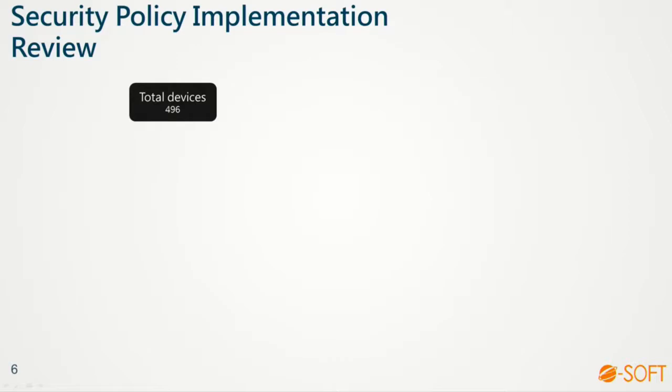So now you will have more understanding about your network security information, and you also can do the implementation review. Now you can have a total number of IP connected devices in your intranet, and you can quickly generate an IoT inventory report, so you will know how many printers, how many web cameras in your environment, and where they are located.